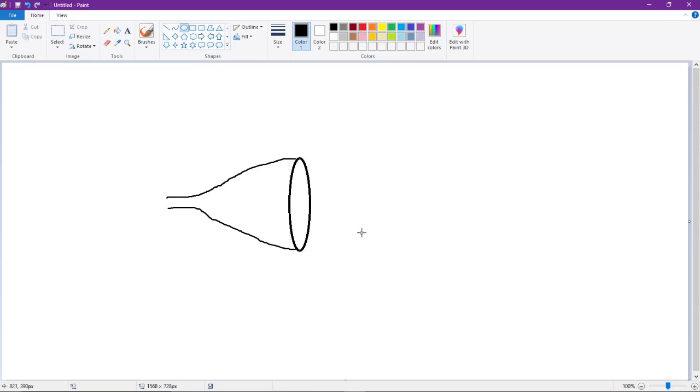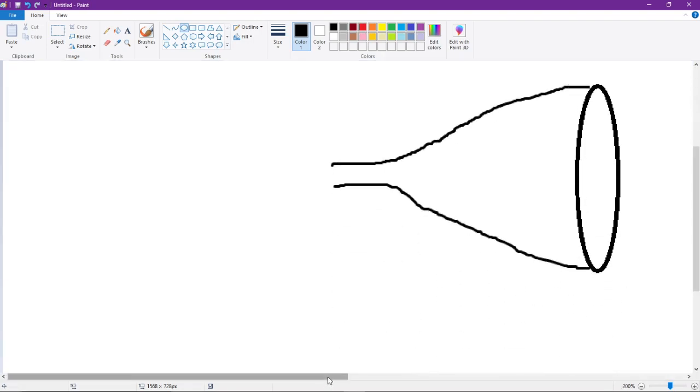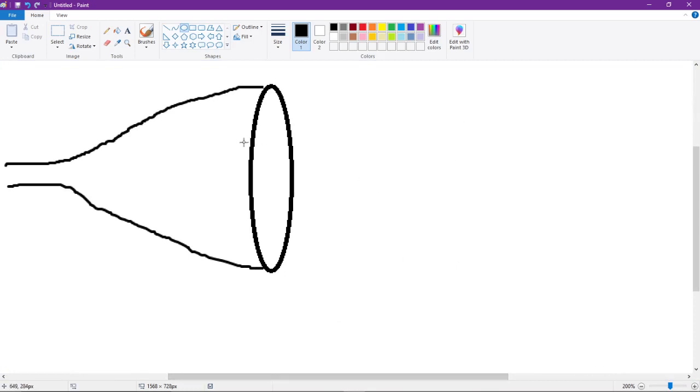Okay, if I zoom into this particular part, so what is inside this particular belly is the fascicles. So we know that it is containing the fascicles. I am taking red color for this. So these are the fascicles.